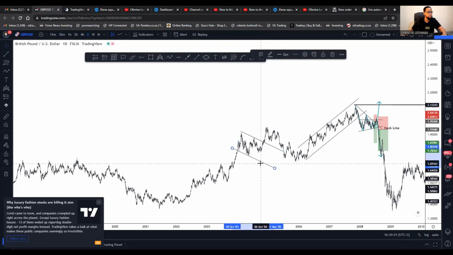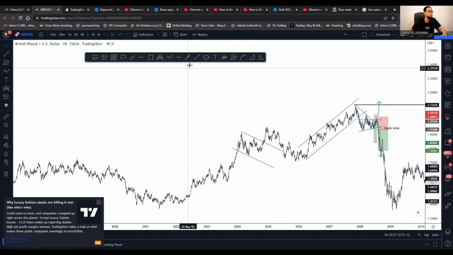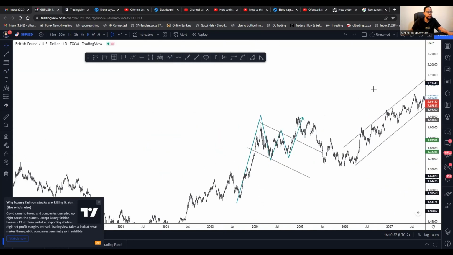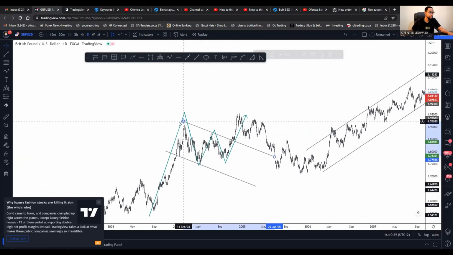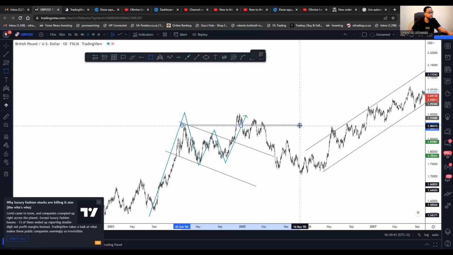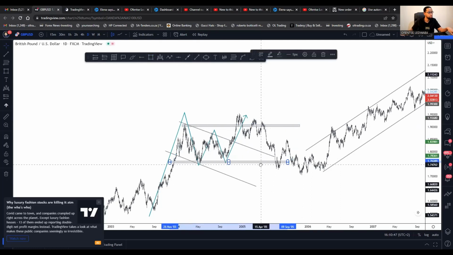So you can see here we have an impulse, correction, impulse. So you can see now we are in a reverse. So our 90% rule would have been here. Then we will have had this.